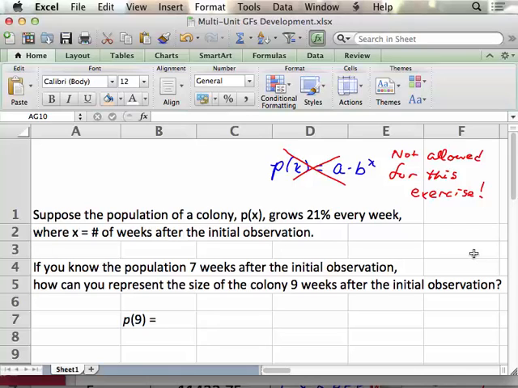Use that to get population 2 weeks later. Okay, some people are getting it. It's an expression. You're not going to be able to figure it out because you don't know the number, so it's only going to be an expression. It's not a matter of punching and calculating.